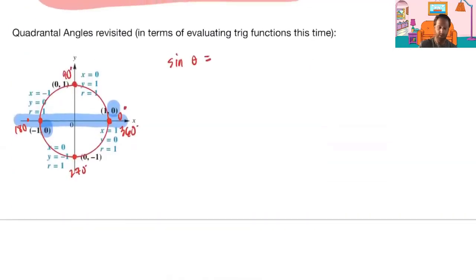We don't know how. So when we have a quadrantal angle, instead of saying some random angle like theta, what if I had the sine of 180 degrees? Remember, sine, we said, is always the y over the r, and at 180 degrees, I'm right here. And I know the y value, I know the r value, it's 0 over 1 or negative 1, which is fine.